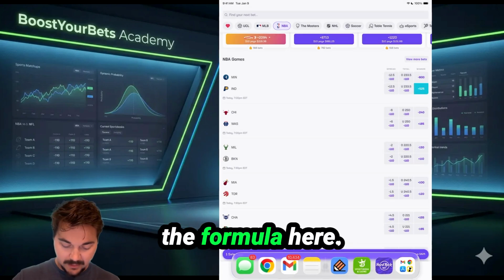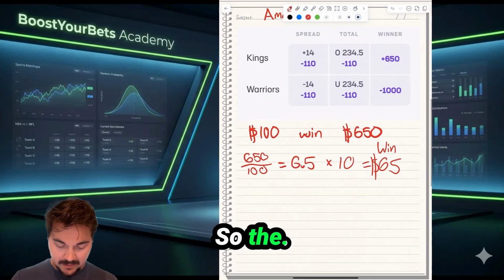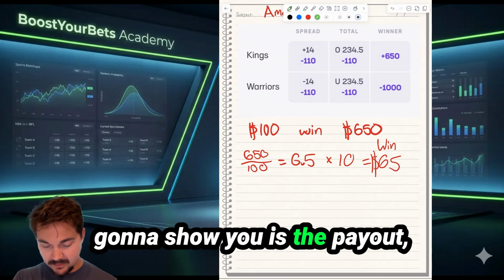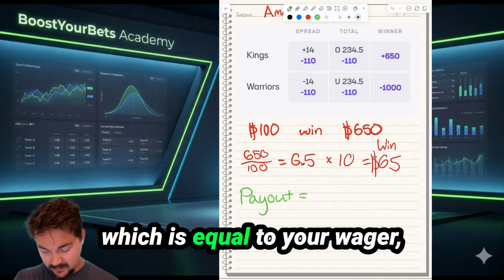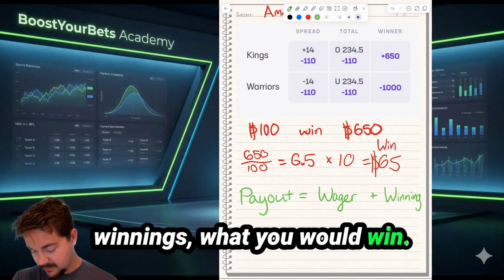So let's go back to the formula here. We need to write one more down. What the sportsbooks are going to show you is the payout, which is equal to your wager plus the winnings, what you would win.